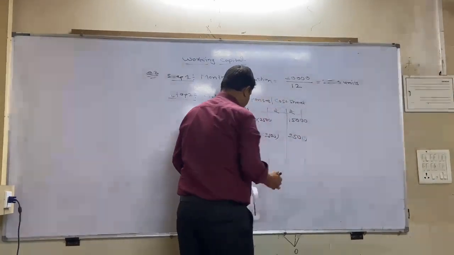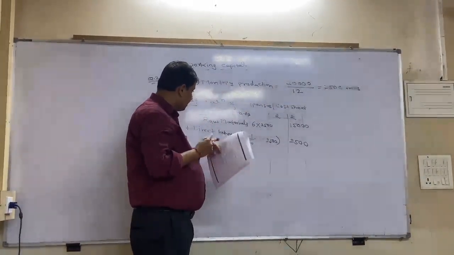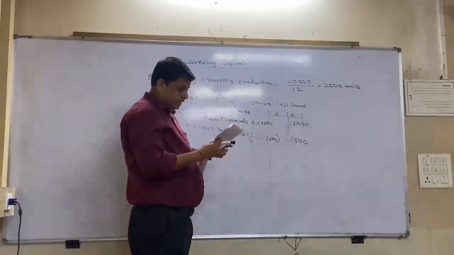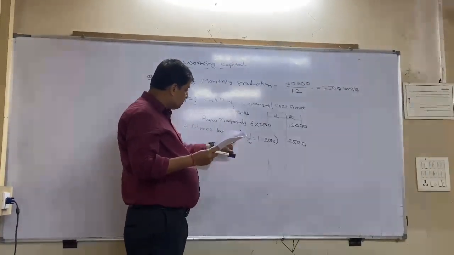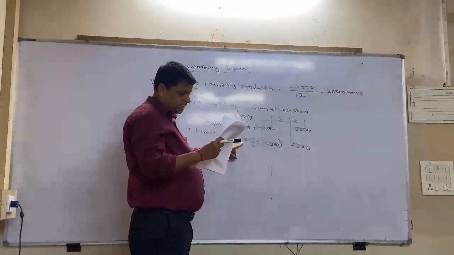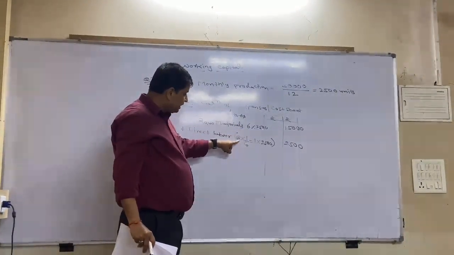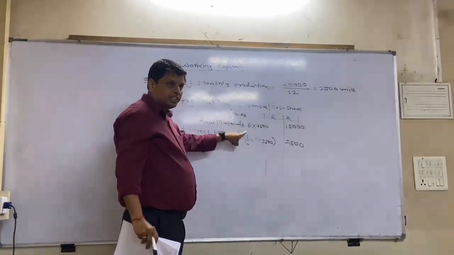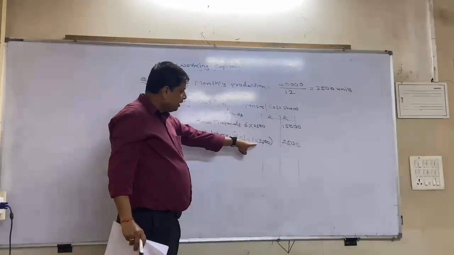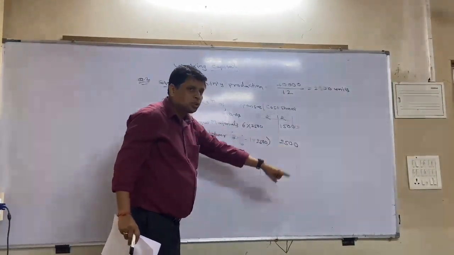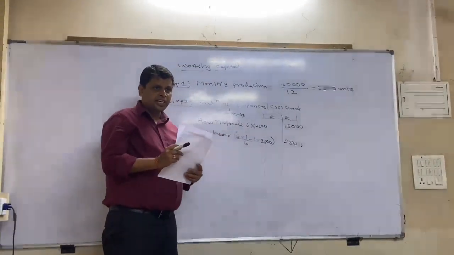They are saying it is 1/6 of raw material. Raw material is 6 rupees per unit, and 1/6 means 1 rupee. So 6 into 1/6, the answer is 1 rupee, into 2,500 units. So the total is 2,500.